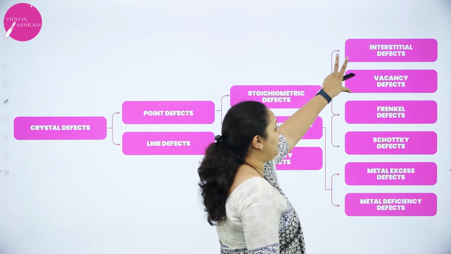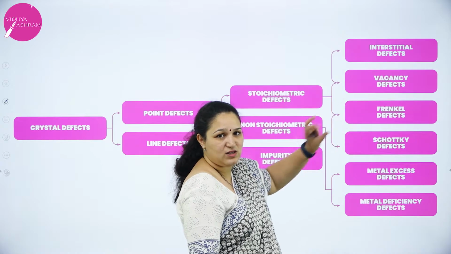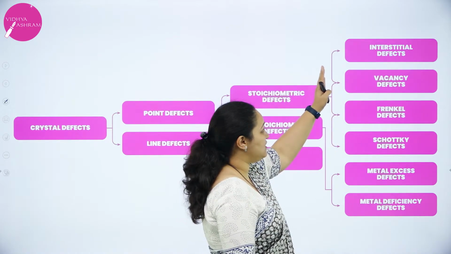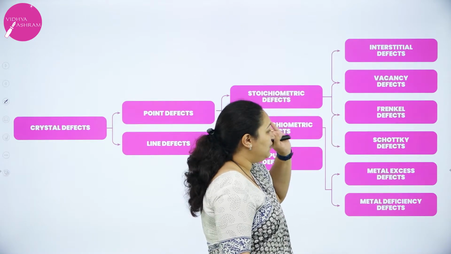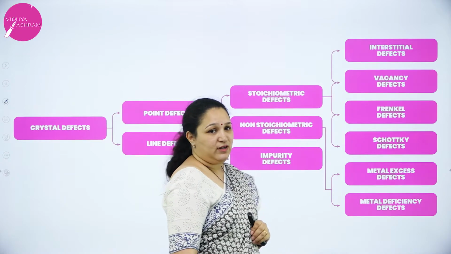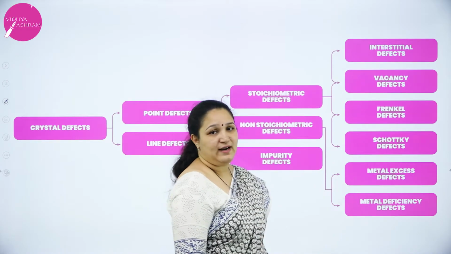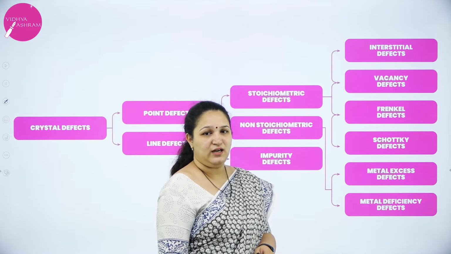Actually, basically they are of two types. These two are found only in ionic solids. They are interstitial defect, vacancy defect, Frenkel defect and Schottky defect. Non-stoichiometric defects are further classified as metal excess defect and metal deficiency defect.